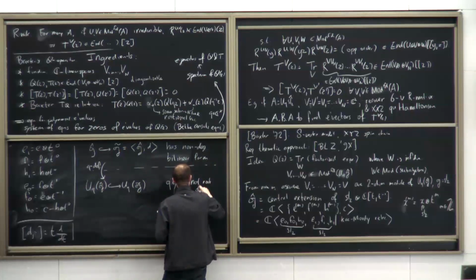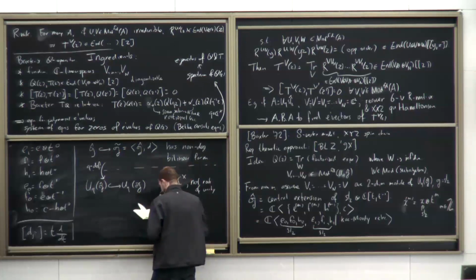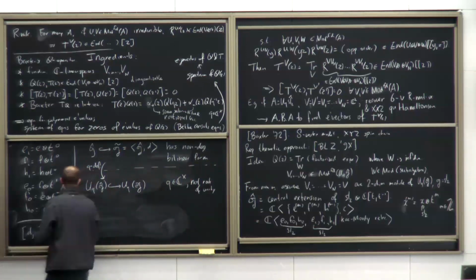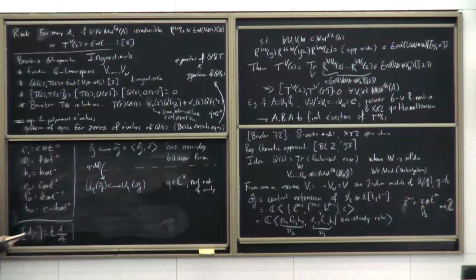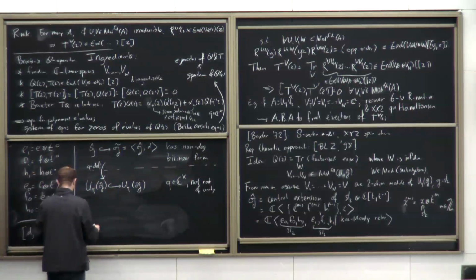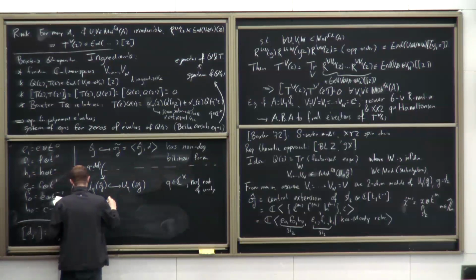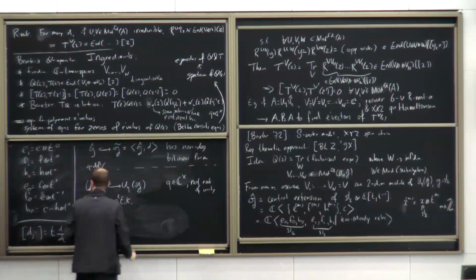And so these relations that are satisfied in the centrally extended loop algebra have analogs in the q-deformed world. Let me write some of them down. So the capital E_i is, roughly speaking, a direct analog of the lowercase e_i.